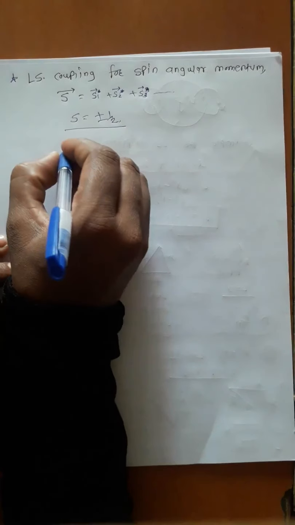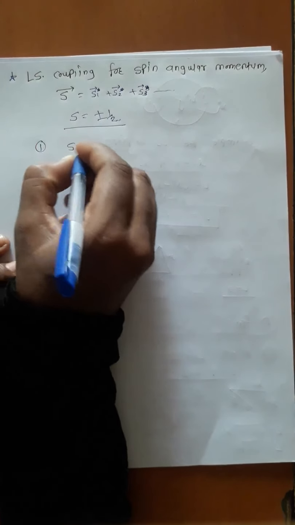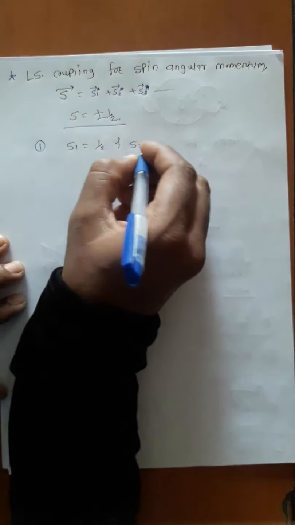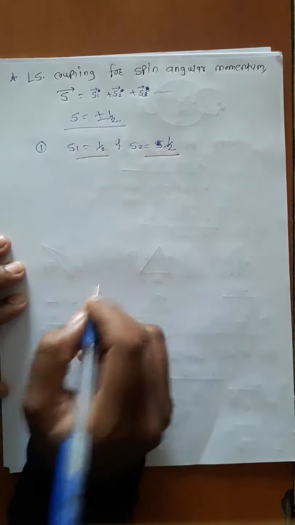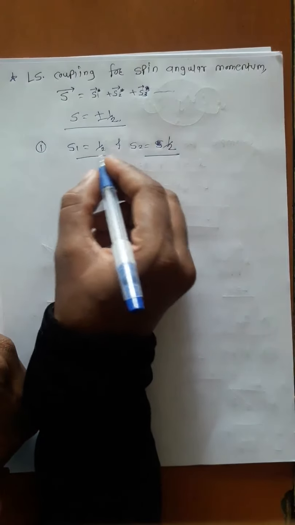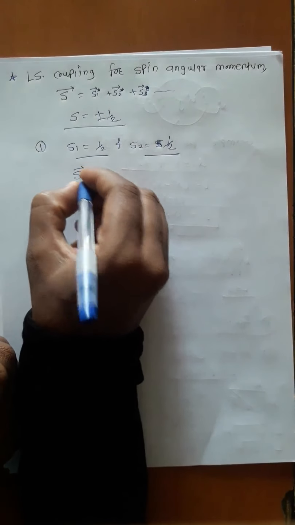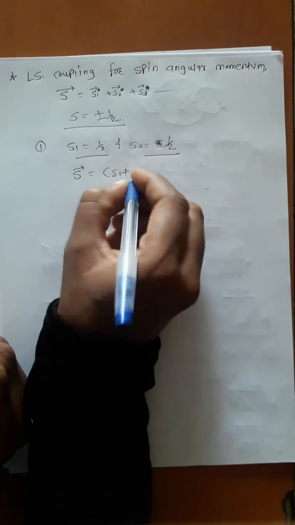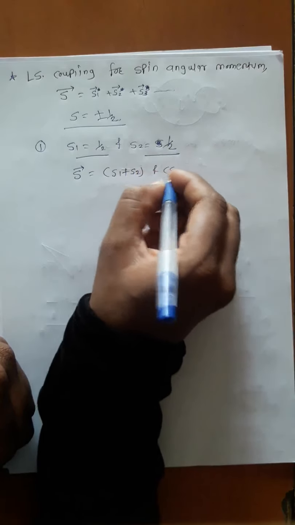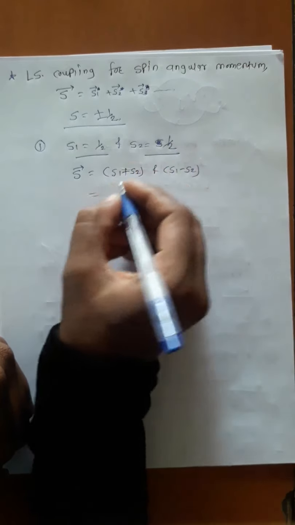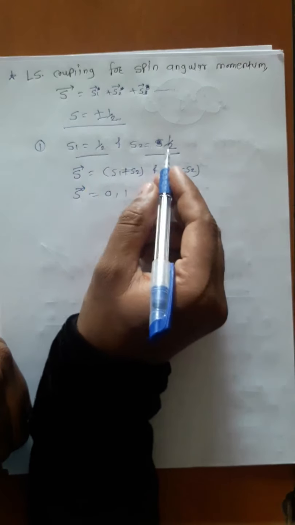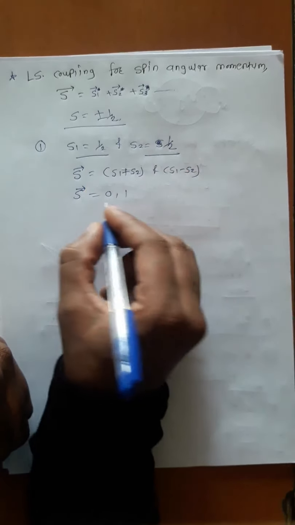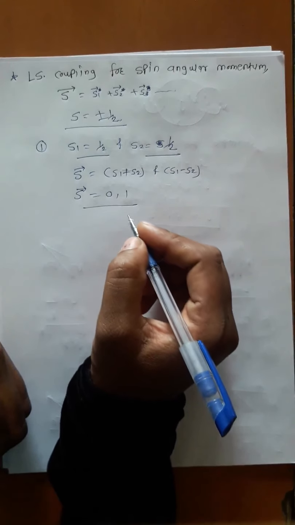Suppose first we take S1 is equal to 1/2 and S2 is equal to 1/2. Then the resultant S bar is equal to S1 plus S2 and S1 minus S2, which means the value of spin angular momentum is 1/2 plus 1/2 or 1/2 minus 1/2, so S is equal to 0 and 1.